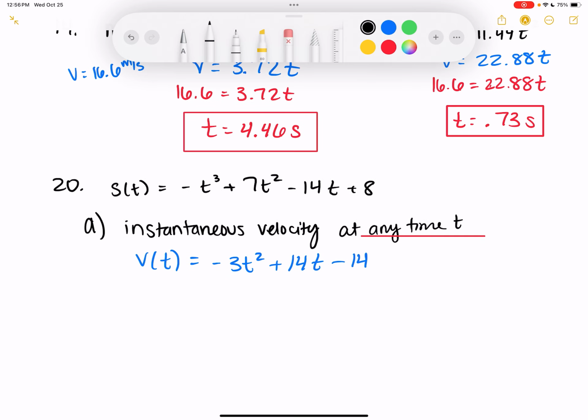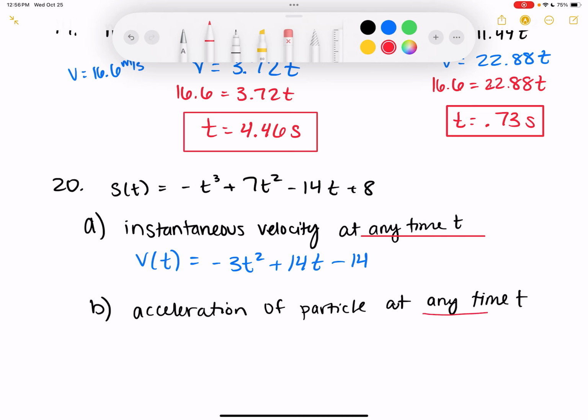But part B then says, find the acceleration of the particle at any time t. So again, because it's just any time t, it's just generic.